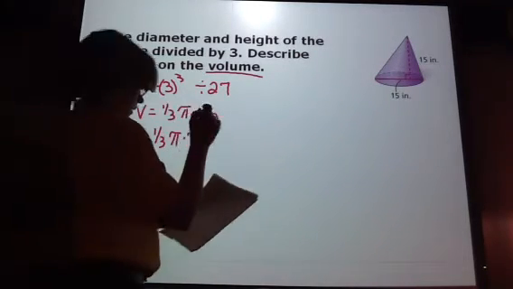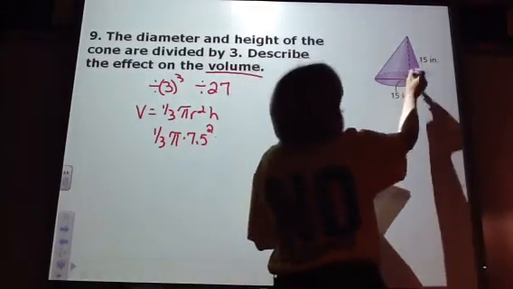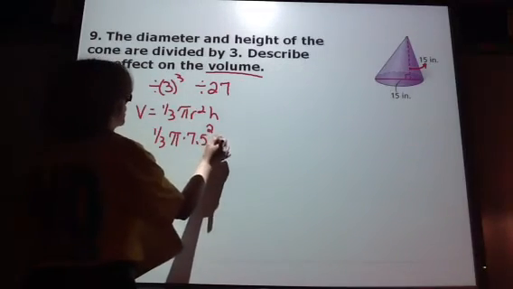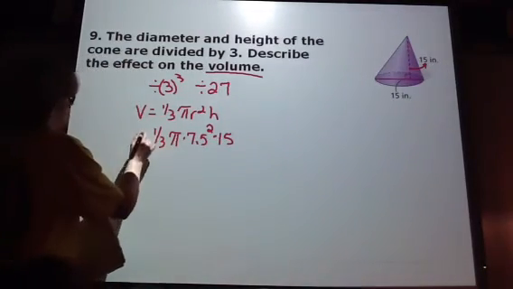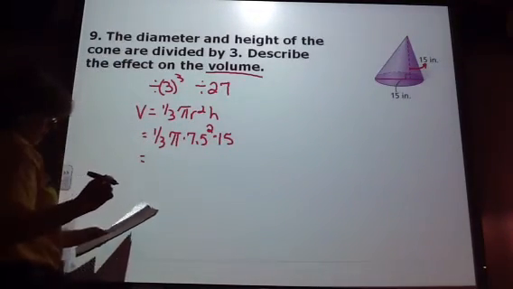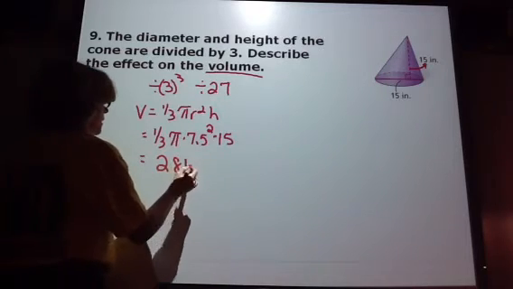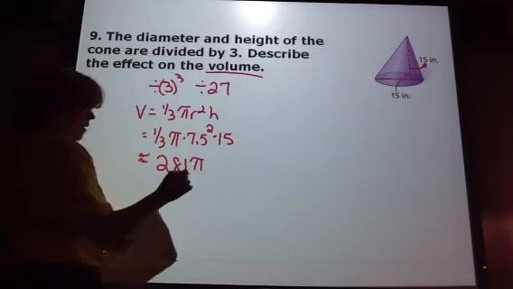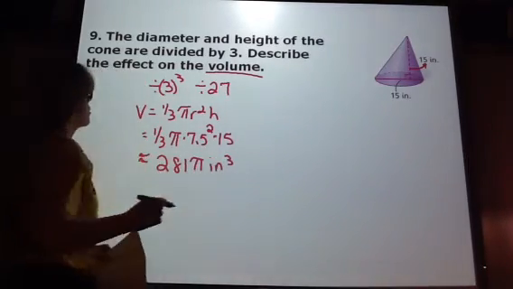And my height, guys, this here is your height. So my height is 15. So we're going to get about 281 pi cubic inches, approximate.